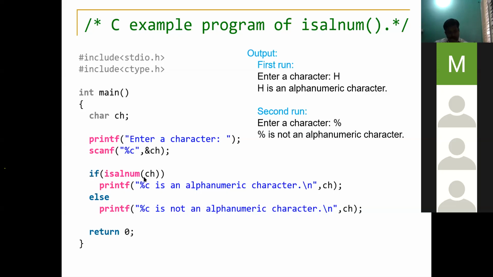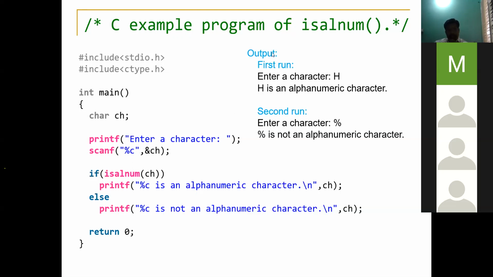If it is alphanumeric, then it will print that character followed by is an alphanumeric character. Else, if it is not an alphanumeric character, then it will just print that character followed by is not an alphanumeric character.